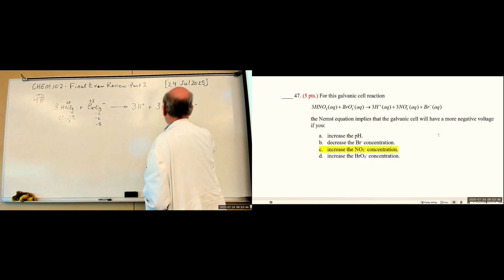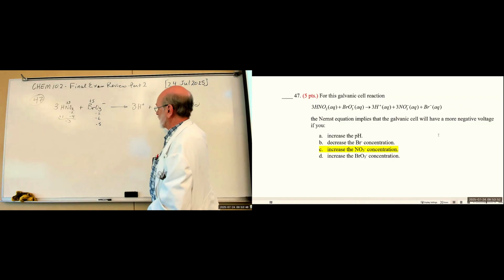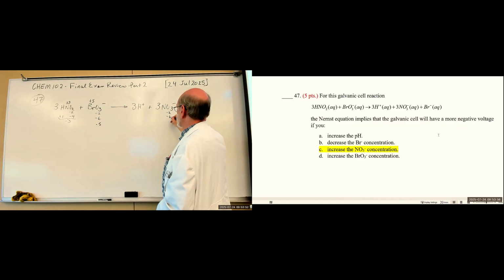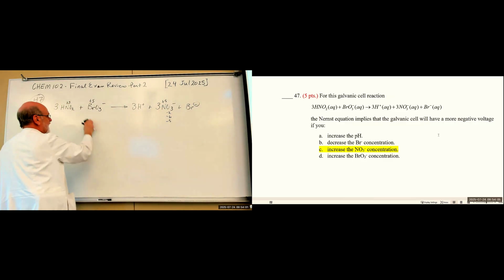Hydrogen's not going to change. Br, that's -1, so we know that changed. How about nitrogen over here? -2, -6 total, -5 to hold one for that one, +5. Okay. Now I'm going to draw some tie lines.